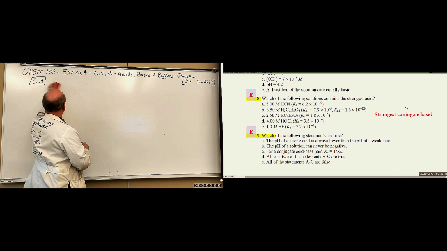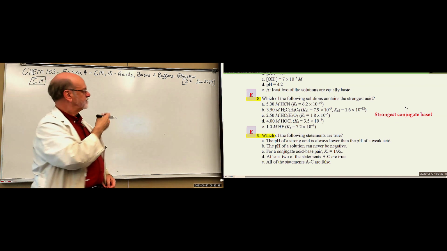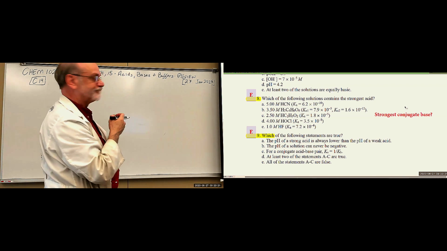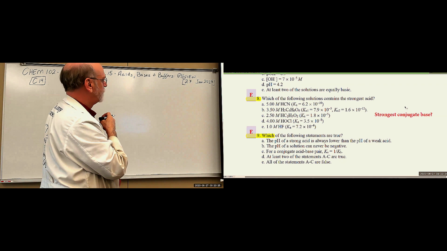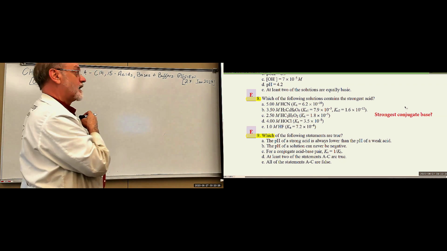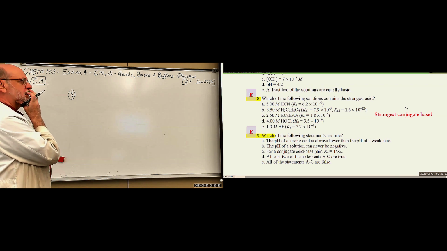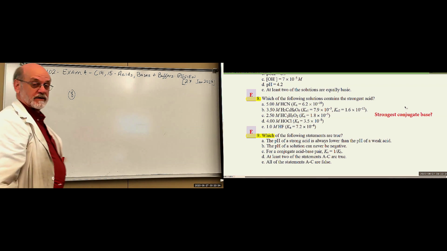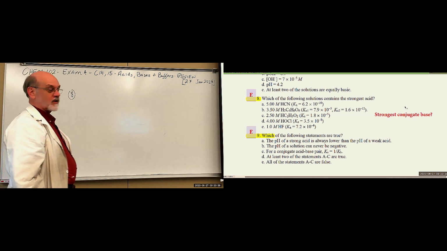Can we go back to 8 for a quick second? Sure. When you're talking about the strongest conjugate base, where B actually has that second dissociation, it's 10 to the negative 12, wouldn't that be the strongest? Yes, you're absolutely correct. That's right. I was focused on the wrong one.